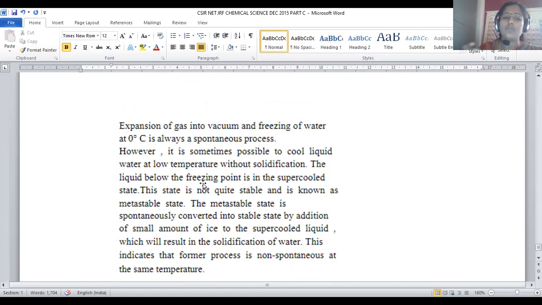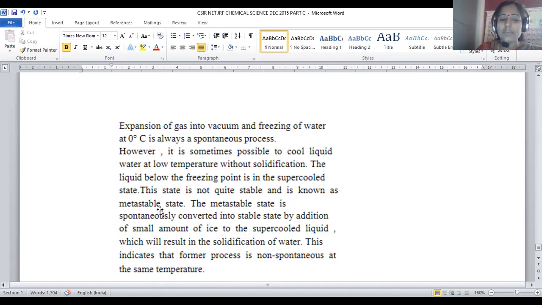Actually, water will freeze at 0 degrees, so 0 degrees is considered the freezing point. And ice will melt and convert into liquid, right? But careful cooling of water, meaning the pressure conditions are varied, makes it possible to get water in the liquid state even below 0, right?